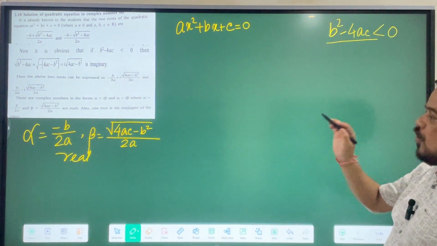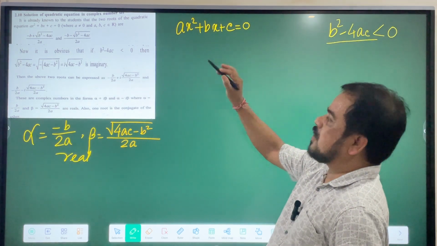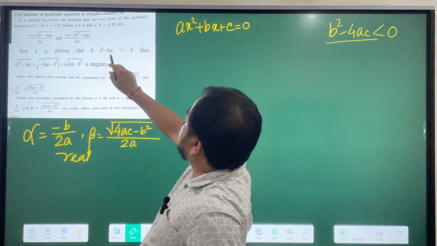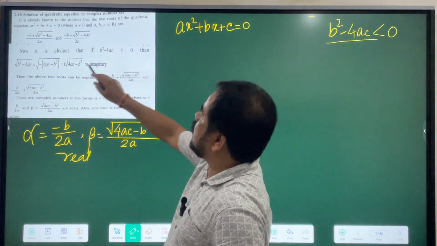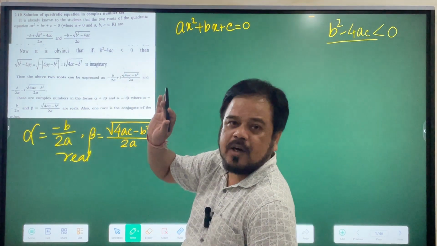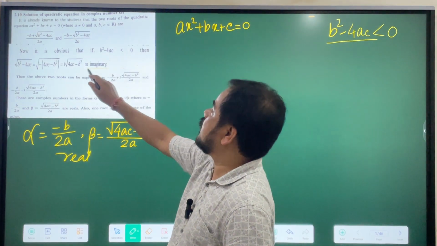In the formula, b square minus 4ac must be smaller than 0 for the roots to be imaginary.